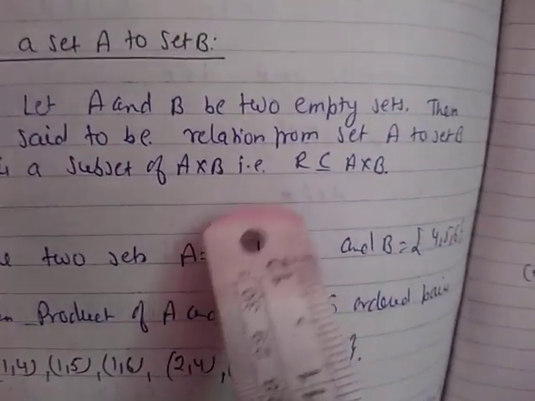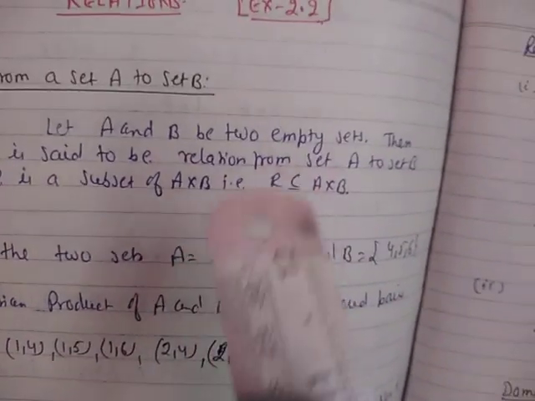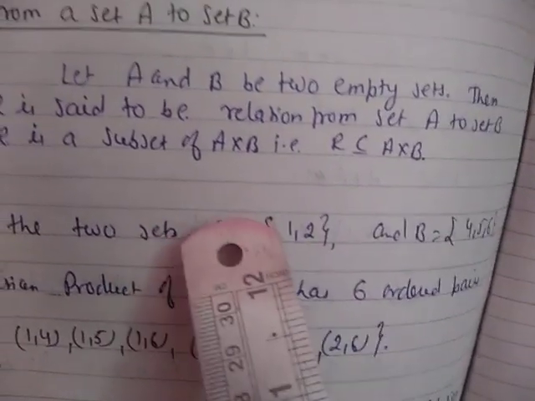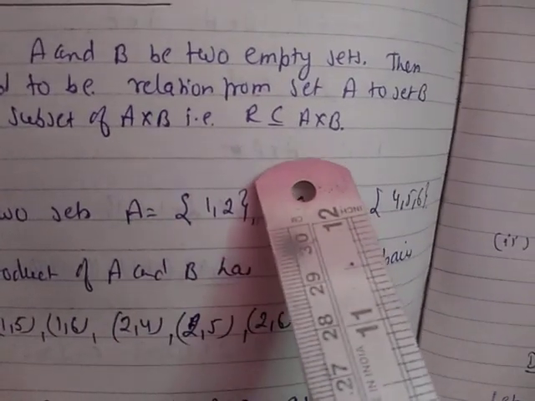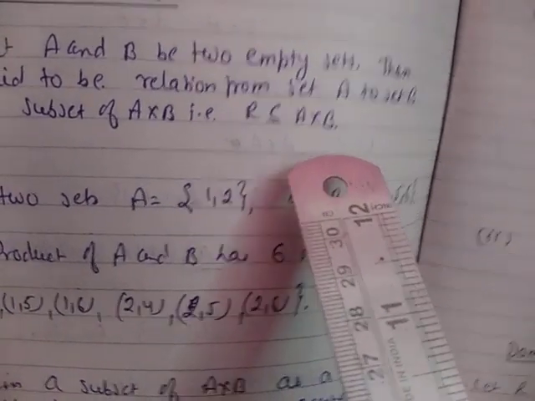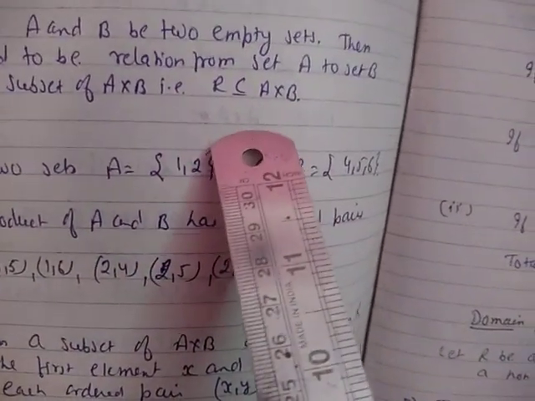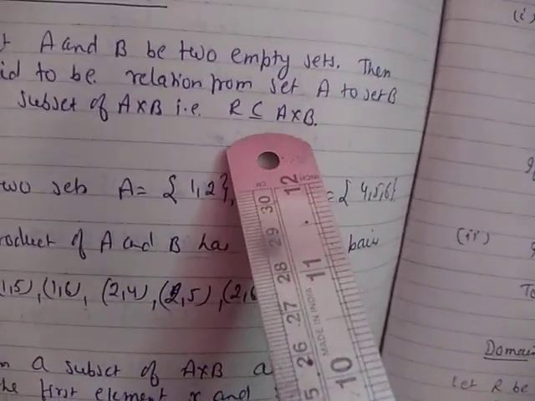Since we need to form a relation from A to B, we need to take the subsets of A cross B, and that will become a relation. Since phi is a subset of every set, the relation can be phi or the relation can be all elements of A cross B.